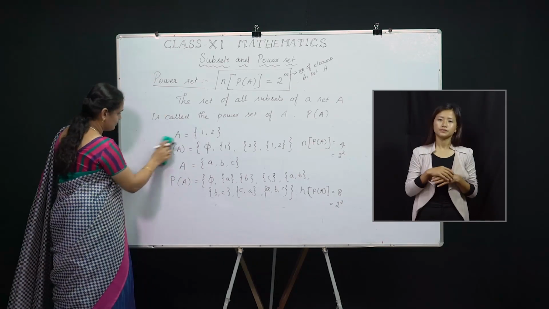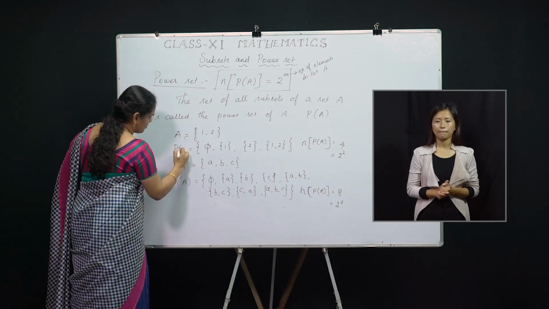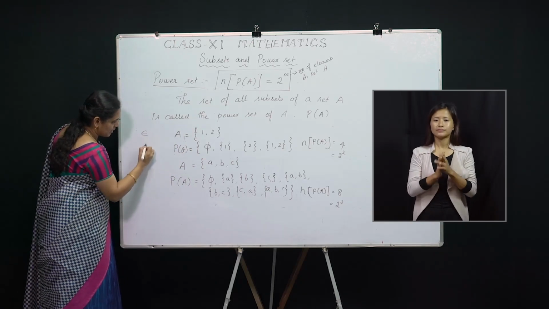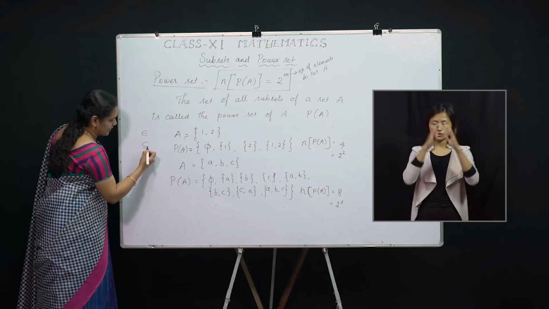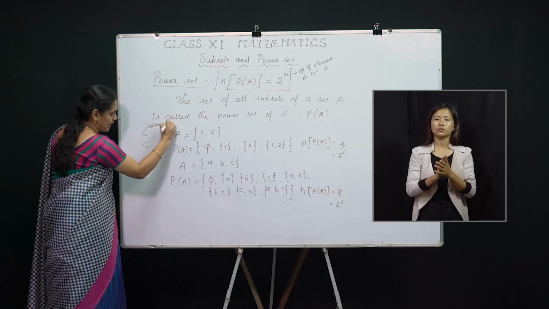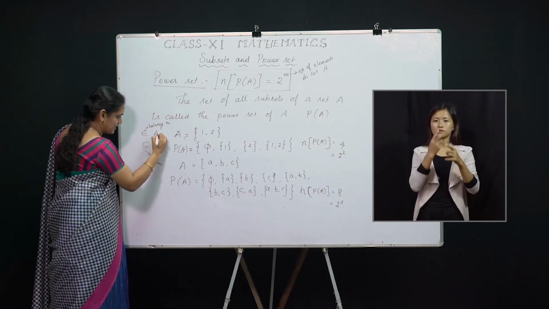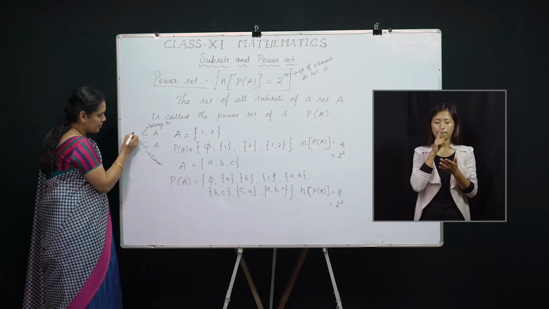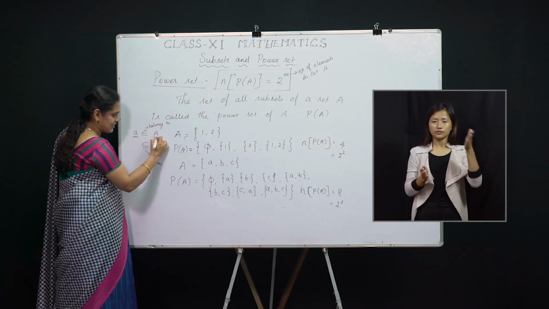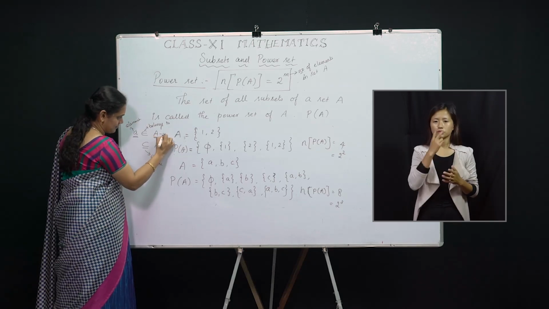All right, and then here, please don't get confused with this symbol and this symbol. This is belongs to, and this is subset. Here it will be a set, here it will be a set. But this will be an element. The left side will always be an element, and this is a set. This is an element and this is a set.